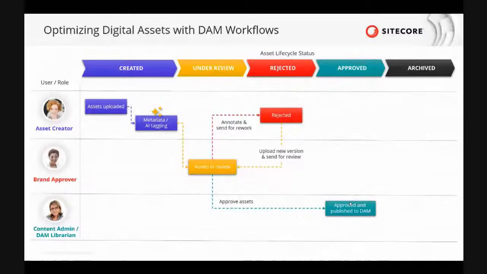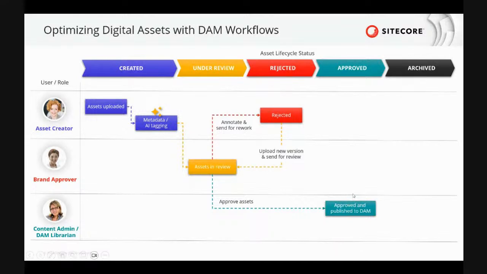It's available in the repository to be searched for, to be retrieved by the Content Hub users, but it can also be published on downstream channels. So it's actually utilized, whether this is a CMS on a web page or an e-commerce product detail page, so that asset is now live.